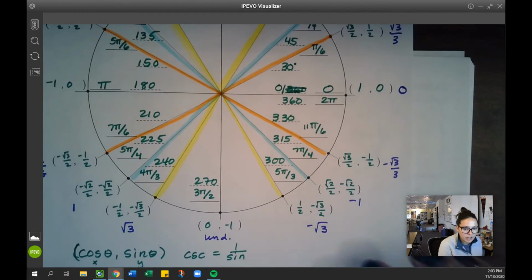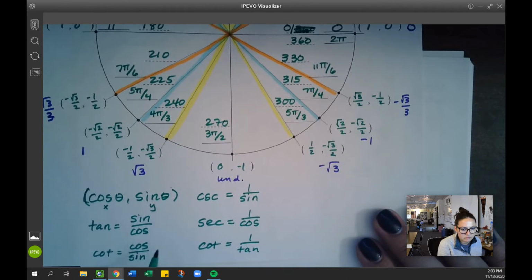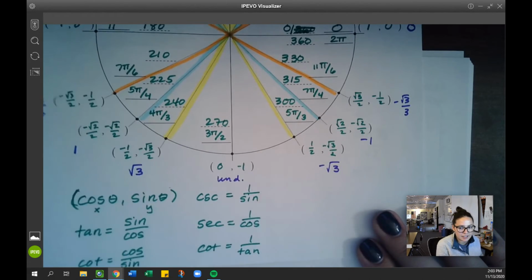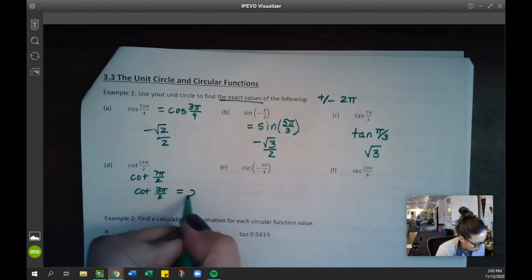So here's 3 pi over 2. And remember, cotangent is cosine divided by sine. Cosine divided by sine means that the cotangent here is 0.